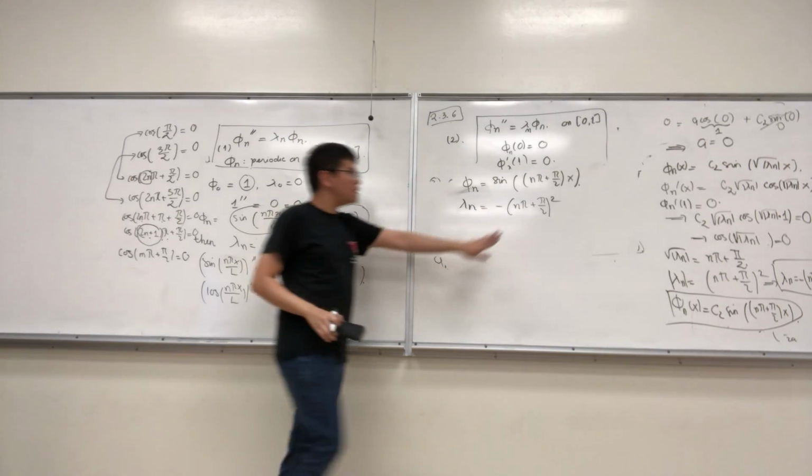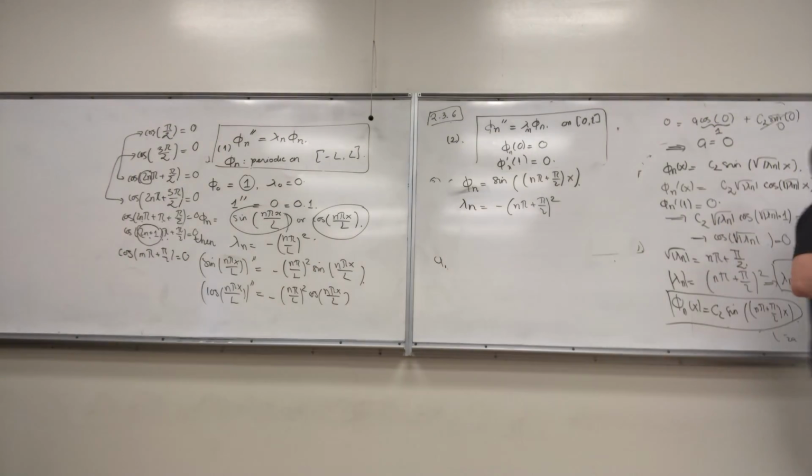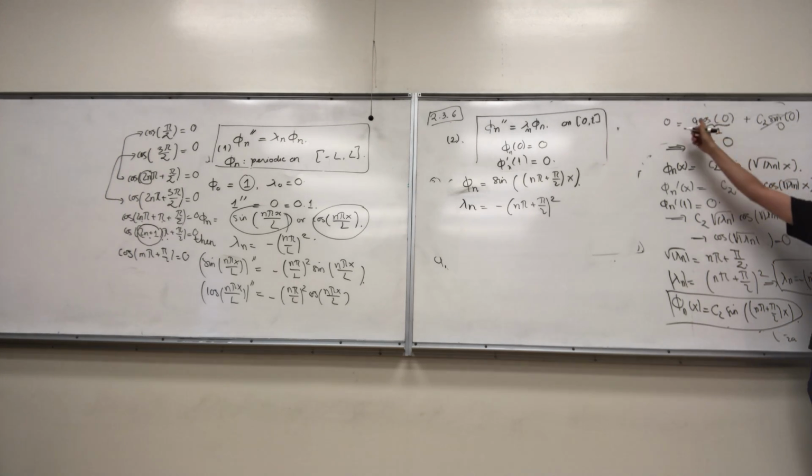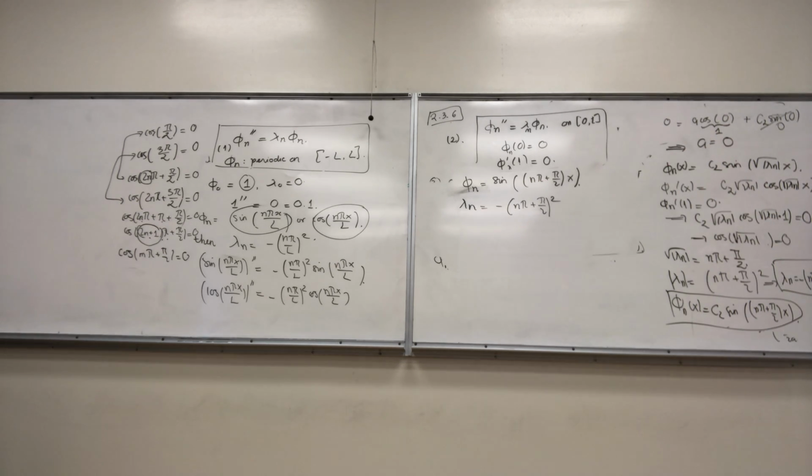Explain again this part, right? So from this part, you see that after I replace the first boundary condition, I get C1 is 0. Now, C1 is 0, phi n will be C2 sinus of square root lambda n x. I use the second boundary condition, so I have to take the derivative of the function.